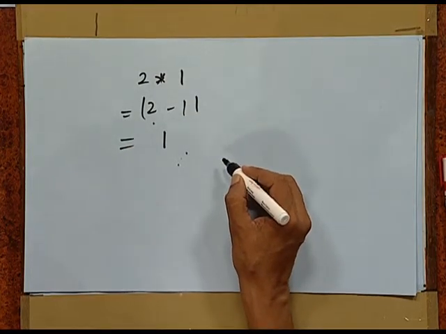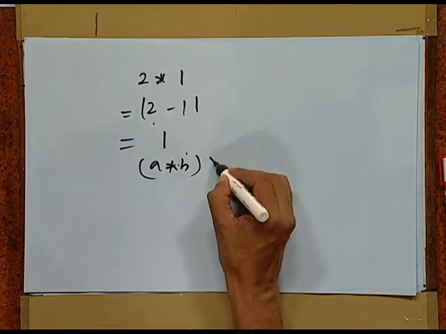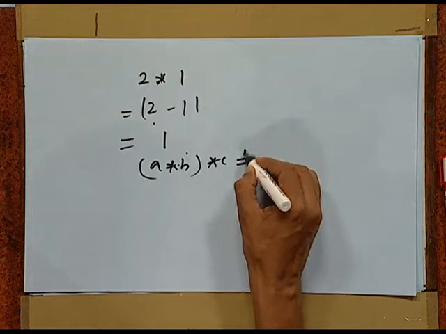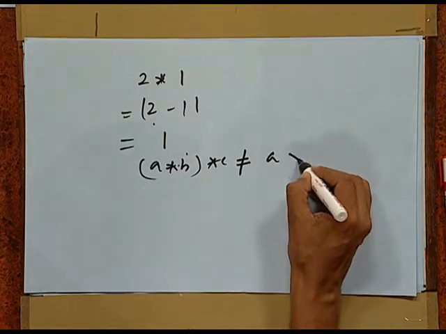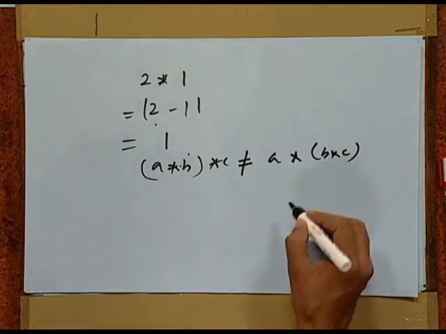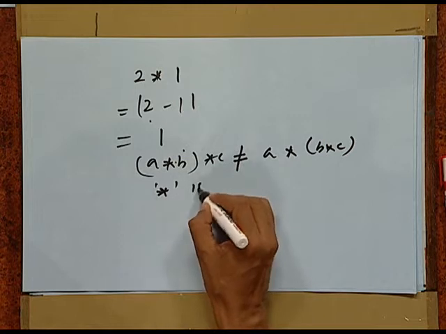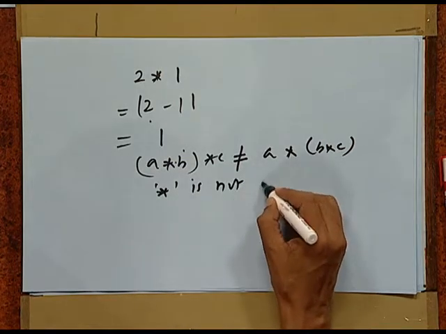Thus, the answers are different. So, (A star B) star C is not equal to A star (B star C) in this case. So, star is not associative.